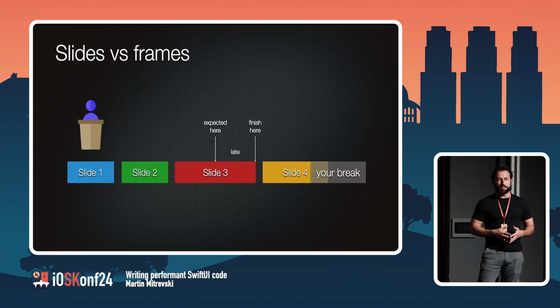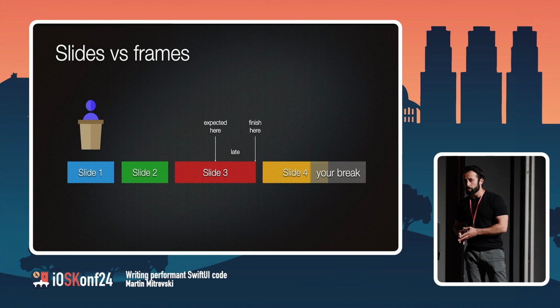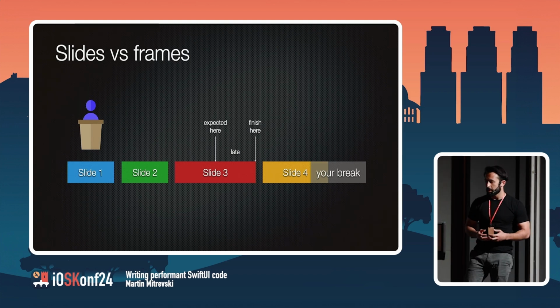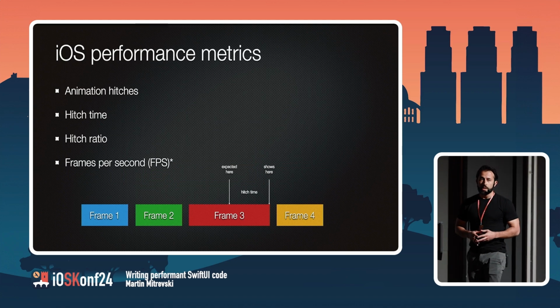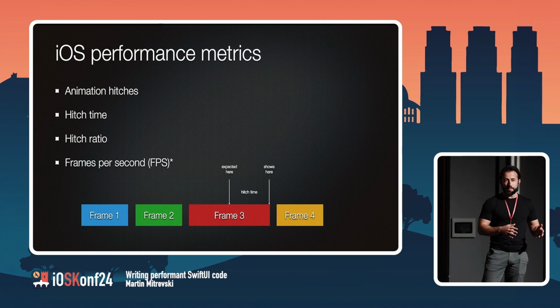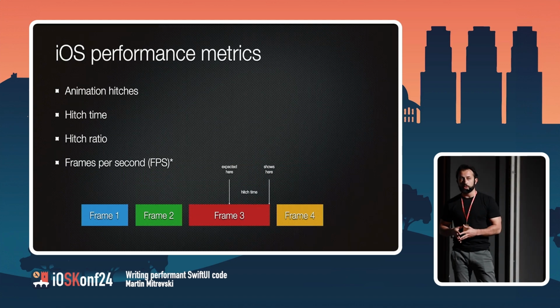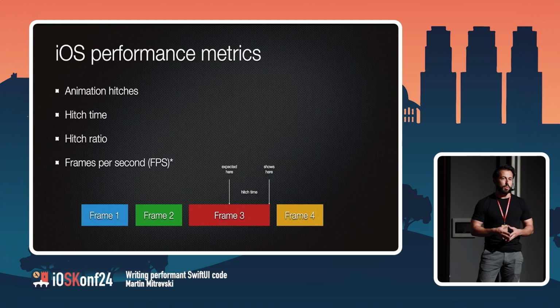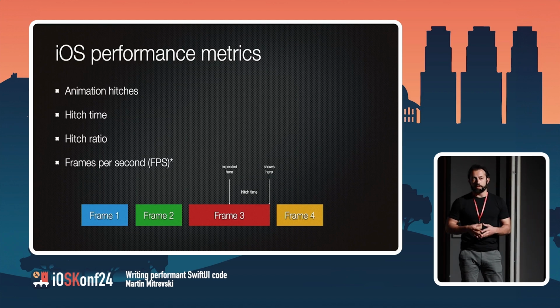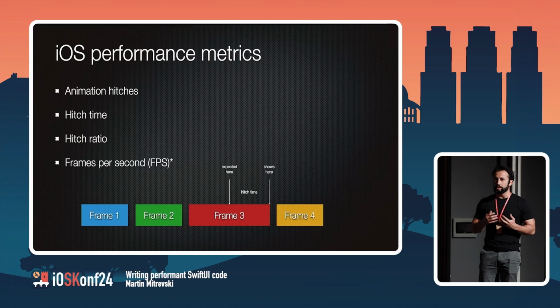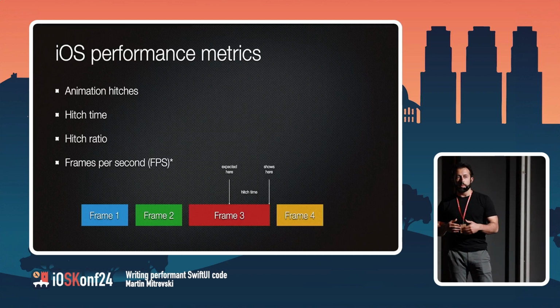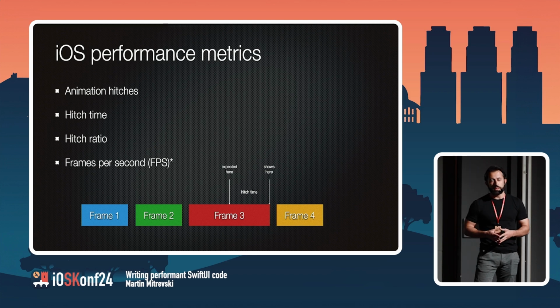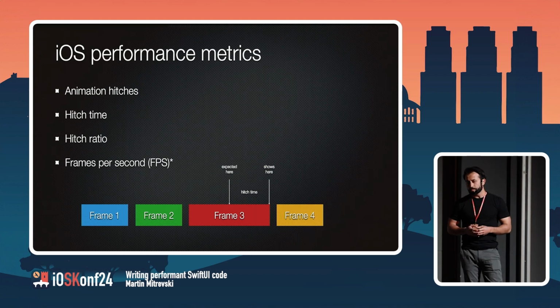So in both cases, you as consumers will have a bad experience, and this is basically what also happens with iOS. You have frames, and in each frame, you have a certain amount of time to perform some work. And if you don't do that work on time, then there will be a laggy experience. Basically this delay, when a frame appears later than usual, is called animation hitch.